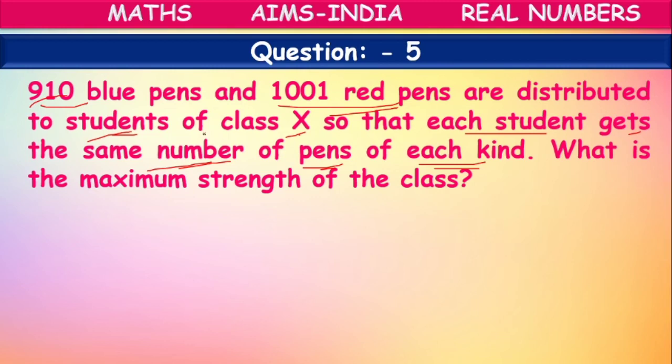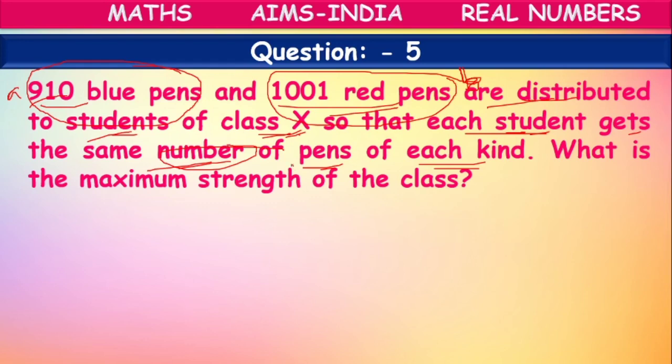So here they are telling 910 blue pens are there, 1001 red pens are there. Let's take them as A and B. They are distributed to students of class 10th so that each student gets the same number of pens.